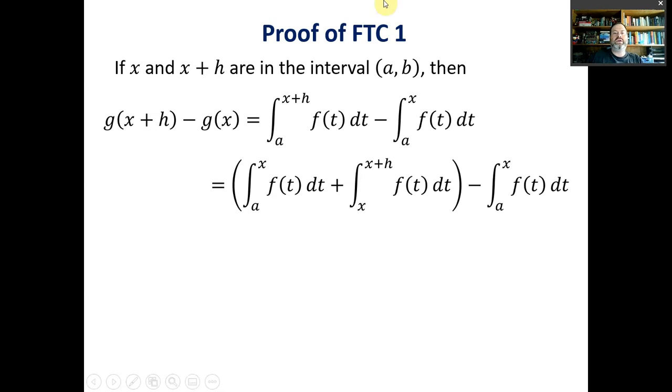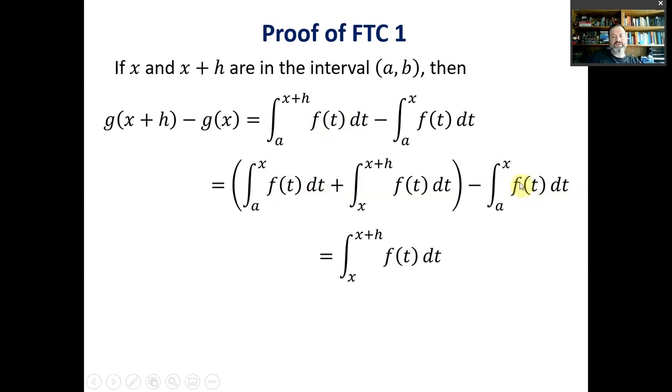And what we're going to do here is split this using our definite integral property. We're going to go from a to x and then add from x to x plus h. And what that allows us to do is, because this function's continuous, we have a copy of this, and this is just going to drop out.